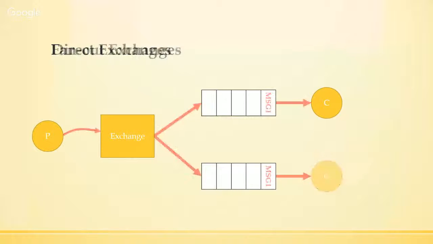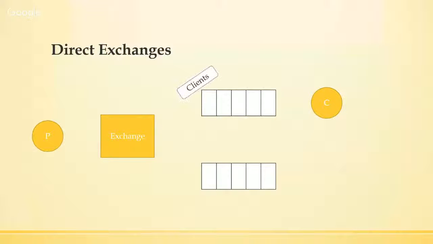Then we've got direct exchanges. On a direct exchange, the broker will say, well, this consumer is only interested in messages that have the routing key clients. So if I'm sending anything to do with clients, I'll add that as a routing key and I know that it gets to that endpoint. If I want a separate error queue, I might use error as my routing key there.